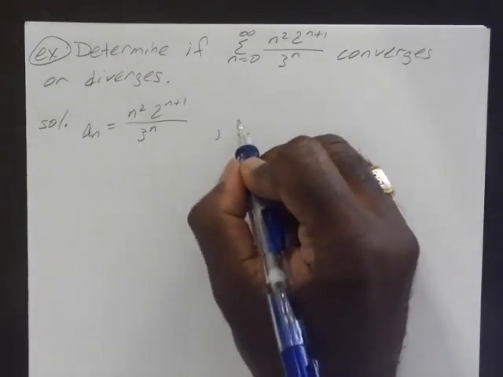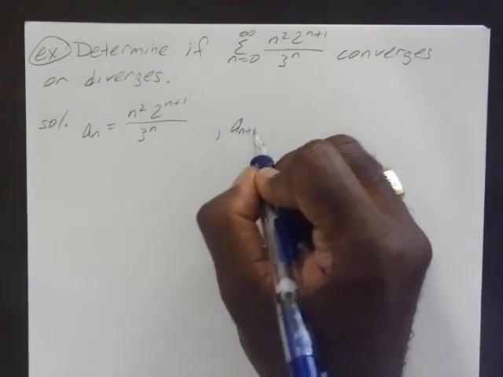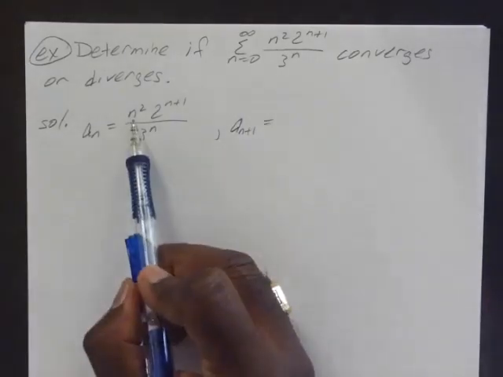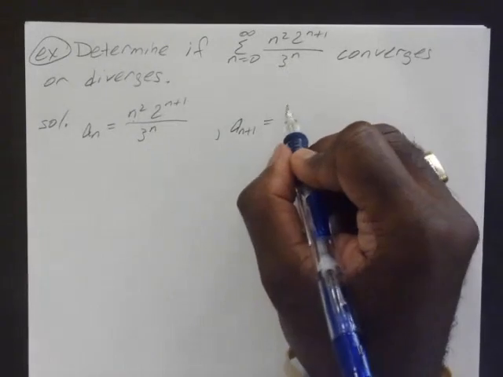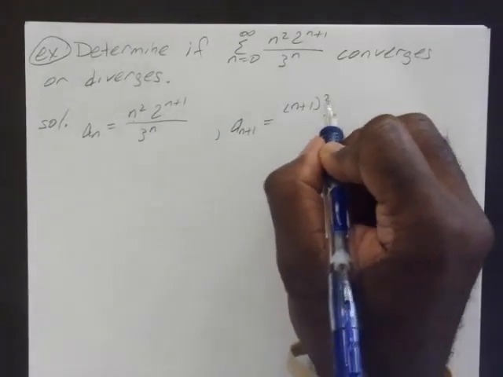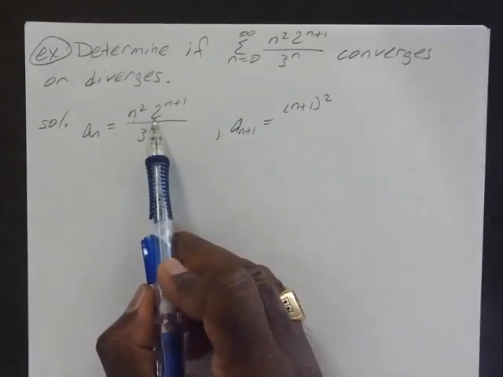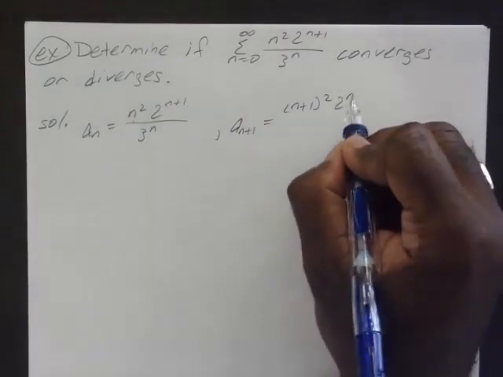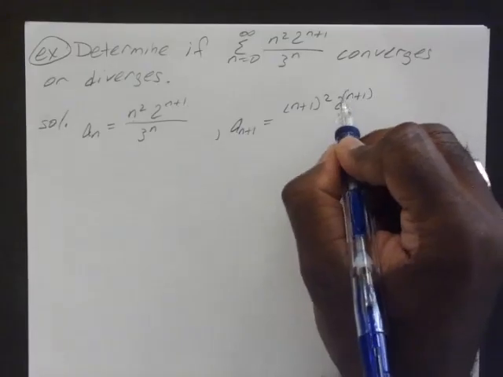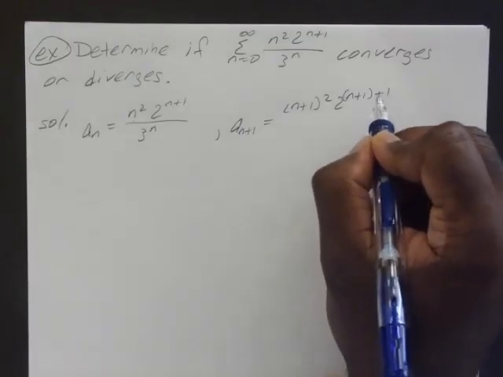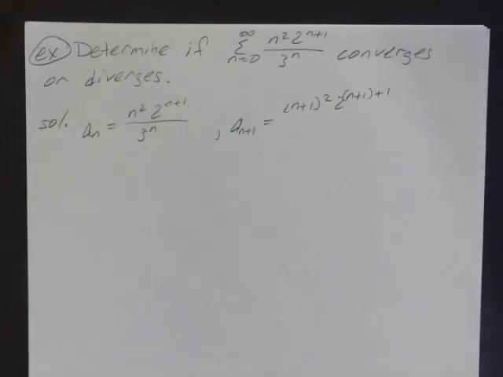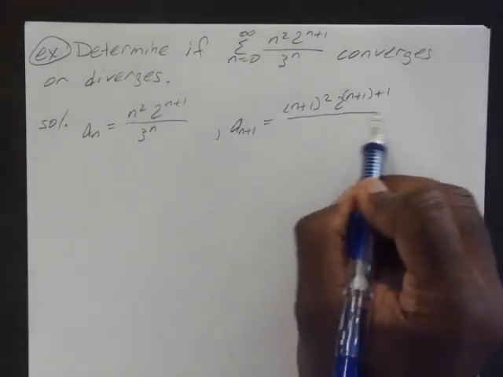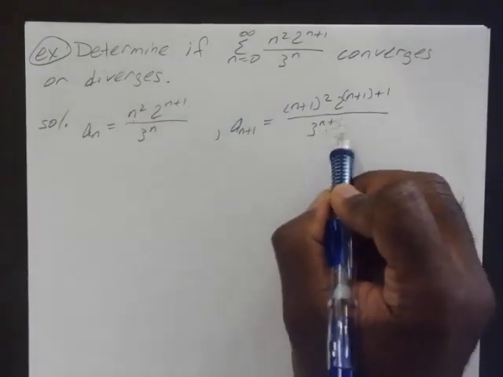Which means that our a sub n plus 1 would be n plus 1 squared times 2 to the power of n plus 1 plus 1. And I could have just said n plus 2, but I'd rather point out the steps. Divided by 3 to the power of n plus 1.